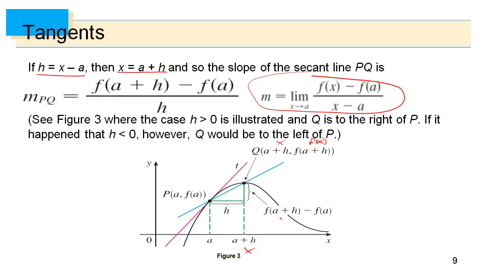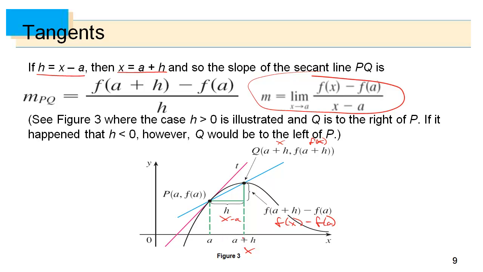It was just simply f of x minus f of a. And then this distance here was x minus a. Well, now we've just relabeled them. Instead of thinking of these as two distinct values, an a and an x, we're relating the two. We're saying, well, if this is a, this is just a plus h. It's a plus a little bit more, right?